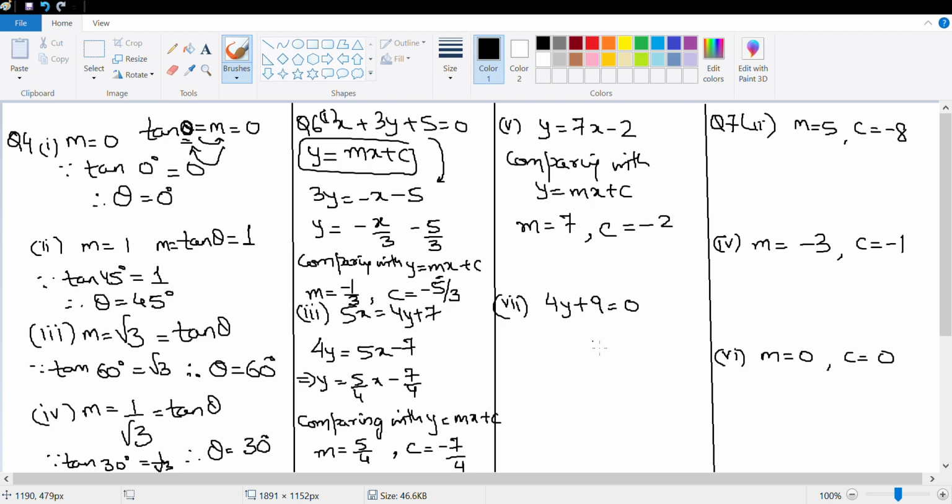And then the last part of this question, 4y plus 9 is equal to 0. So I will write this as 4y is equal to negative 9, which means y is equal to negative 9 by 4.